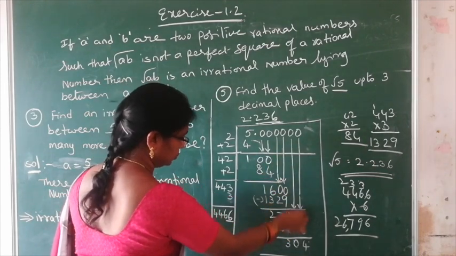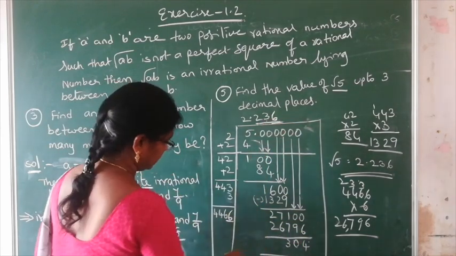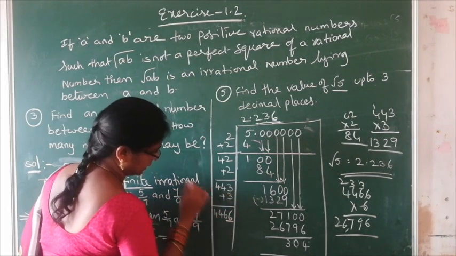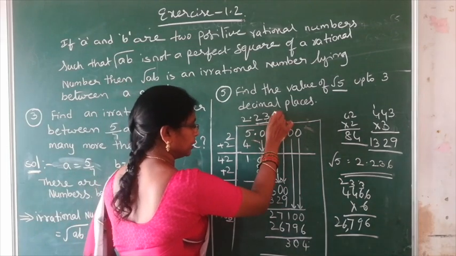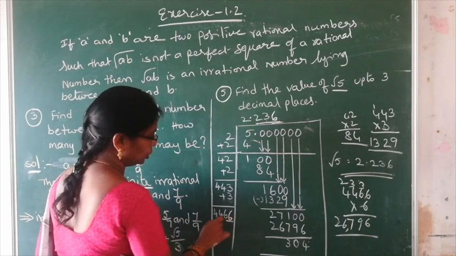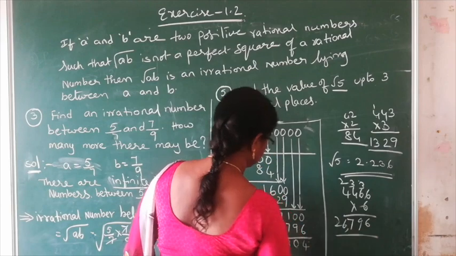Again we bring down 2 zeros. Now what is the divisor here? We took 3 already, so we add 3: 443 plus 3, 446. Now which table do we take? 6 6s. We write 6 in the divisor as well as in the quotient's ones place. Then 4466 into 6 is 26,796.